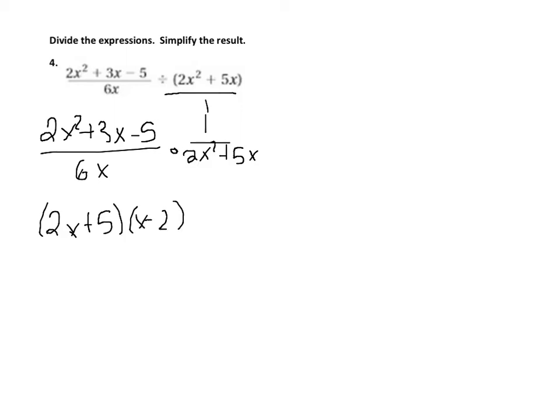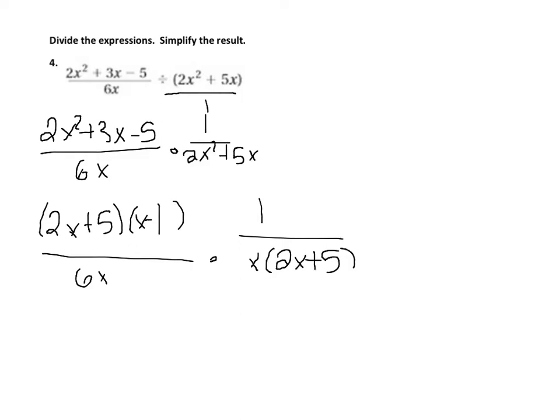No, x minus 1 over 6x times 1 over, just factor out the x, cancel out the 2x plus 5s, that's it. So you have x minus 1 on top.